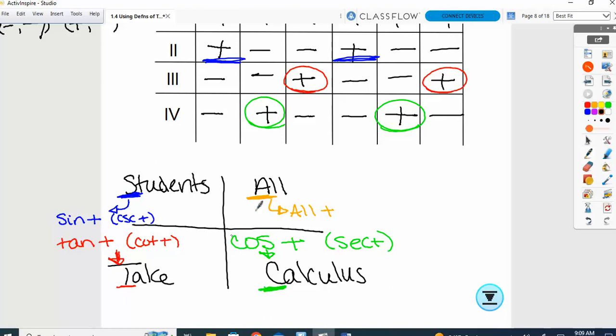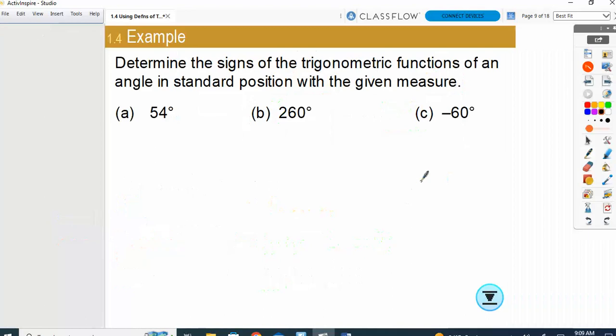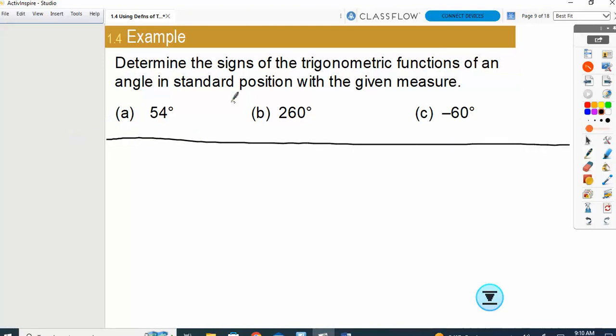Let's practice using this. So I want to know the signs of the trig functions. I'm just going to cheat. I'm going to make this into a table.